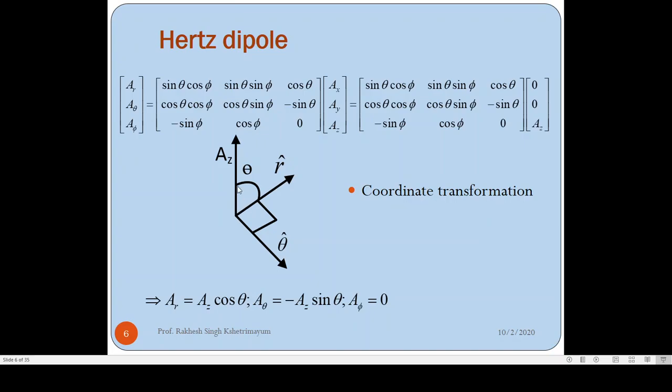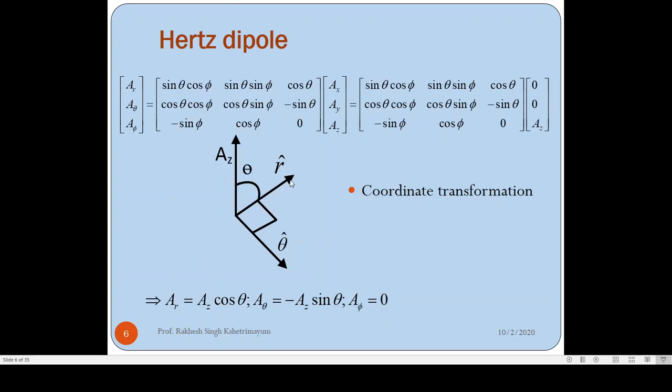From this diagram also, without doing any coordinate transformation, you can simply find out what Ar and A theta are. Az is along this direction, r is along this, theta is along this. If I want to find the projection of Az along the radial direction, that would be Az cos theta. This angle is theta, so that's what we get here, Az cos theta. If I want to find the projection of Az along the theta direction, then I should find Az cos of theta plus pi by 2.